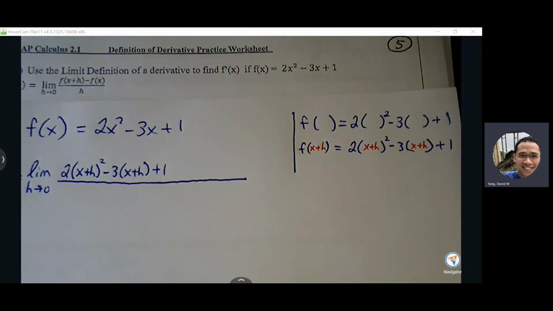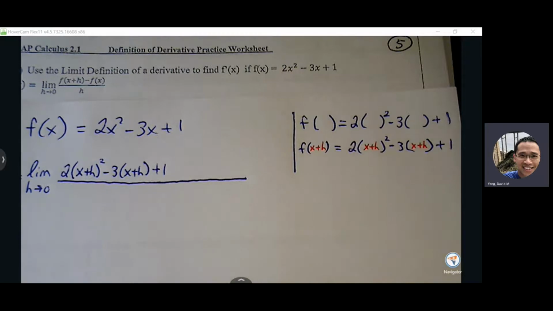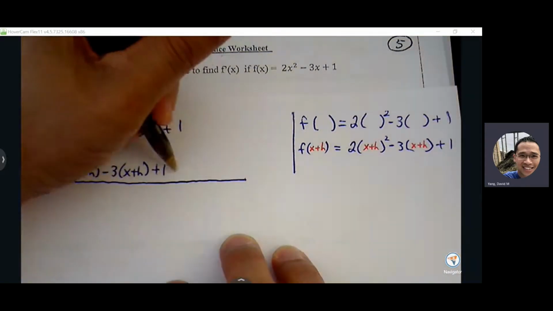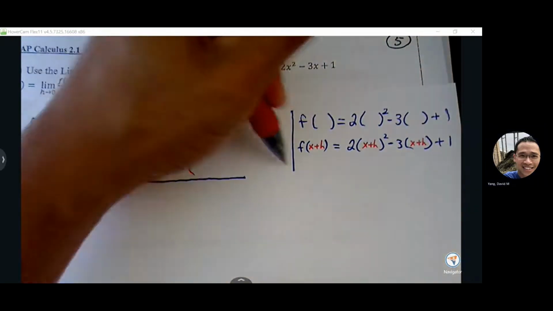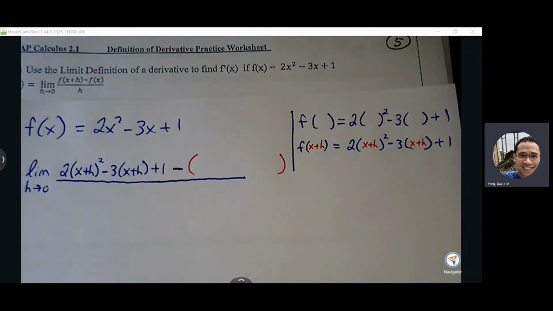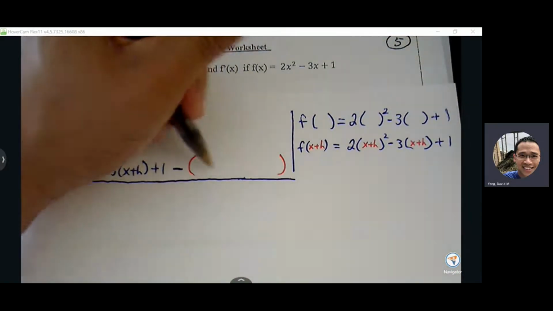Okay, I see a lot of students leave that there and they start working on the denominator, but what else do we need to include? We need the f of x. Okay, and now there's also something else that we got to be careful about. What do we have to be careful about when we put that f of x down? In a set of parentheses. There are multiple terms in that f of x. If you don't have a set of parentheses, you're not going to be able to get this to work out. Your numerator is not going to clean up the way that you would like.